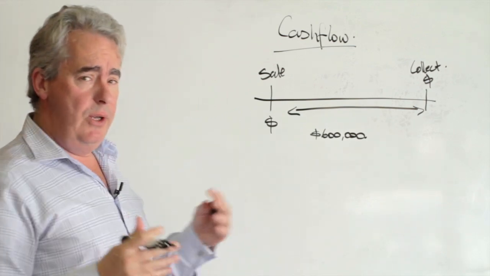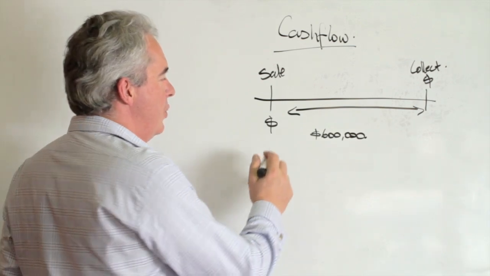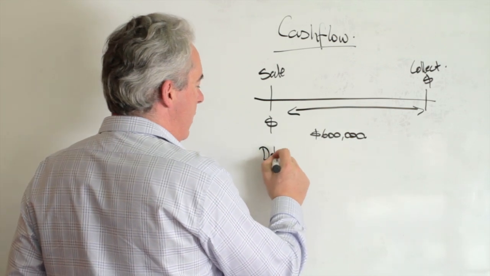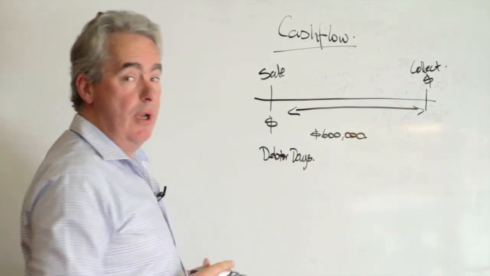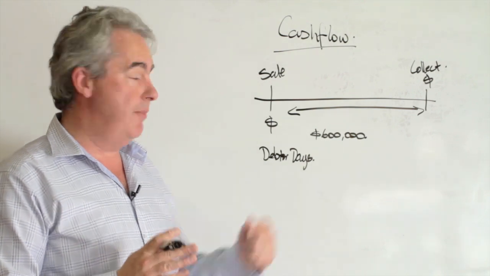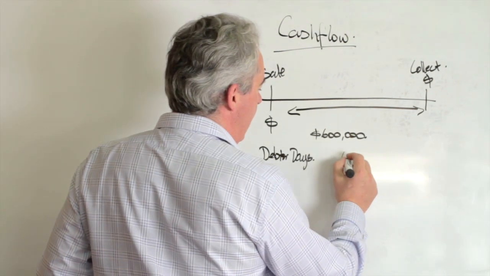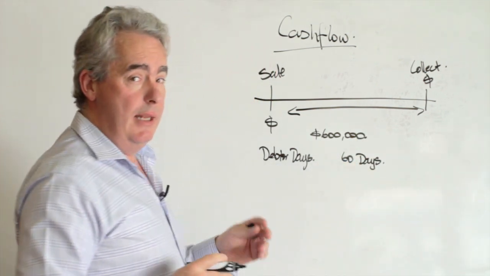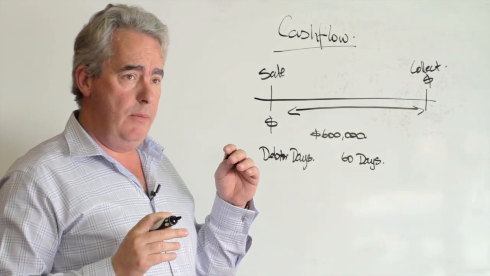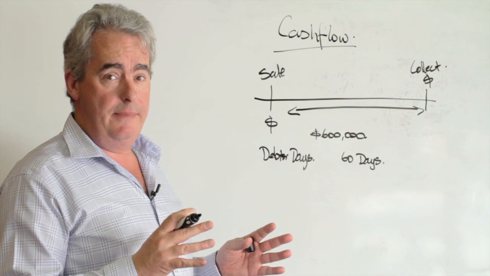Okay? And when we look at this, we look at a thing called average debtor days. Debtor days. So that's the average amount of time it takes us to collect a sale once we've made it. And theirs were running, I think, at around 60 days. Okay? And the cash flow in the business is fairly tight.